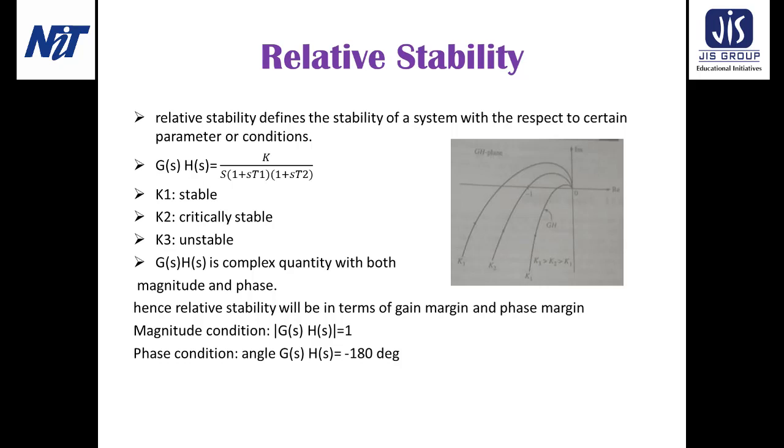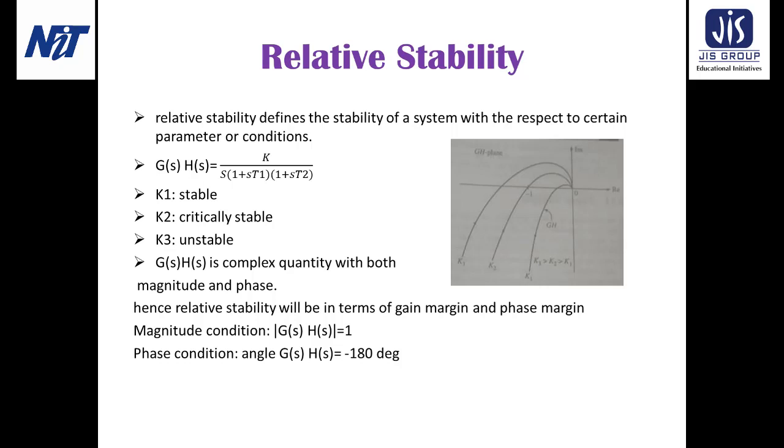If the gain is still increased from K2 to K3, then the corresponding polar plot encircles the minus 1 plus j0 point, that is the critical point, and the gain margin becomes negative, or we can say that the closed loop system becomes unstable. Now the open loop transfer function G(s)H(s) is a complex quantity and it has both phase and magnitude, that is the gain, and the closed loop system stability depends on both the gain and the phase.